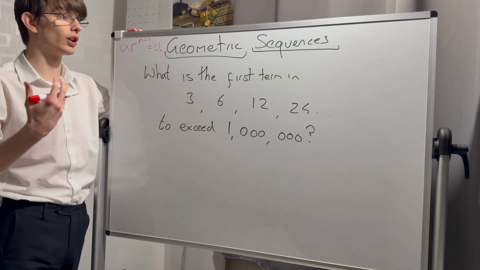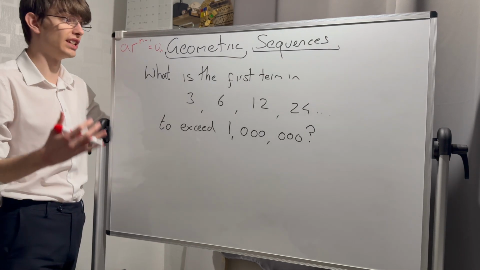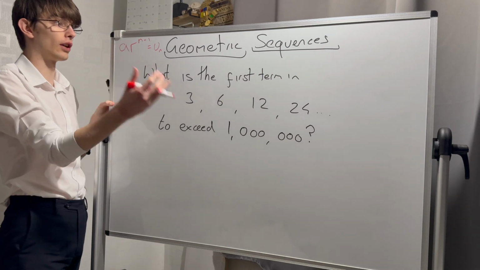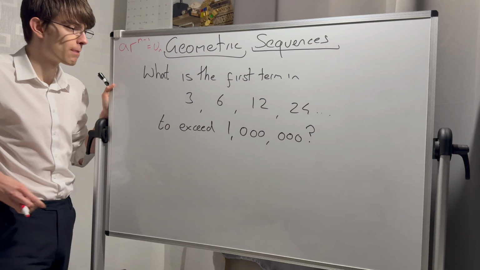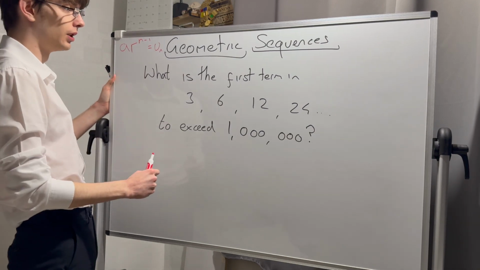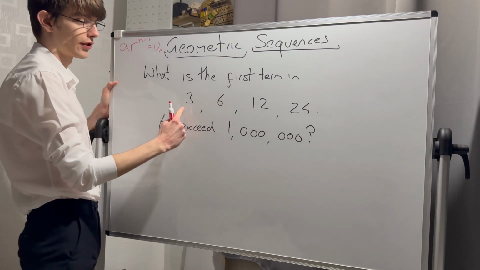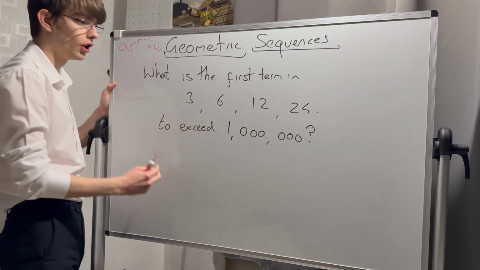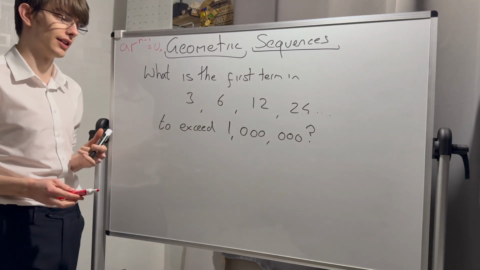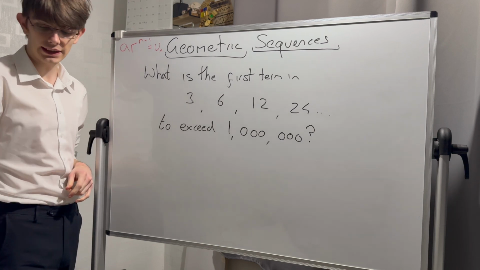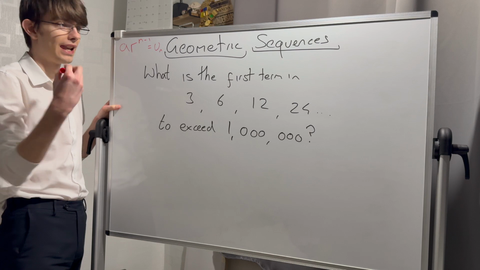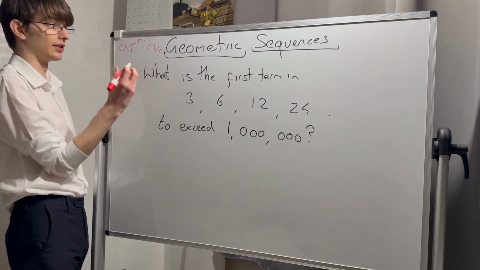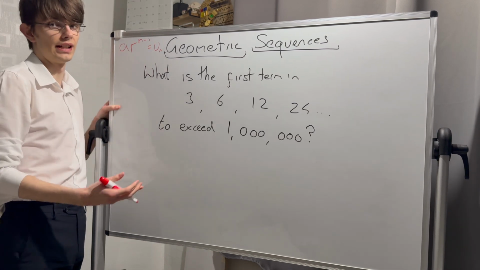Okay, let's look at a really difficult example using this equation for the general term in a geometric sequence. So we're asked, what is the first term in this sequence that goes 3, 6, 12, 24 to exceed 1 million? So let's have a think and let's work through this. First of all, let's try and identify my letters. I've got an A, an R, and an N that I need to work with.